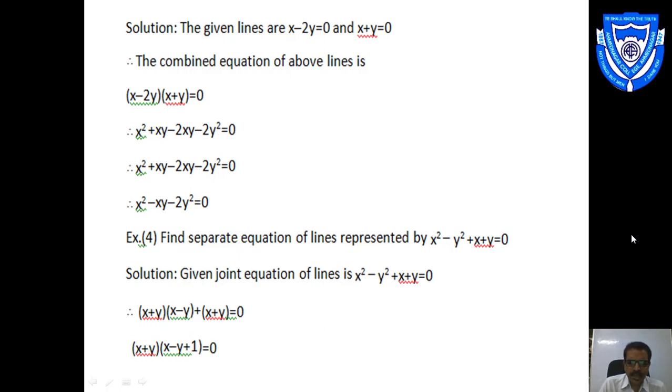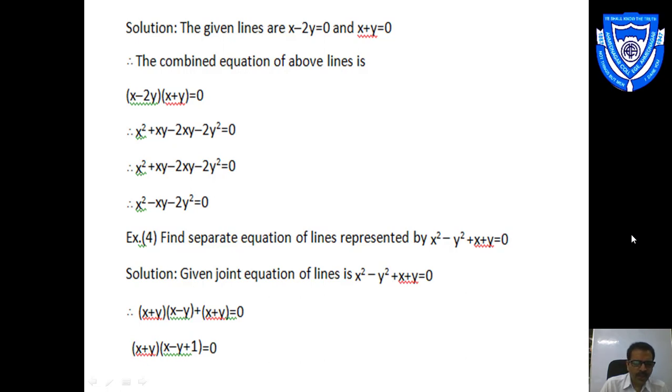Now collect the first two terms, x square and minus y square. You can factorize x square minus y square. The factors are x plus y into x minus y. After that, collect the last two terms in one bracket, plus x plus y.